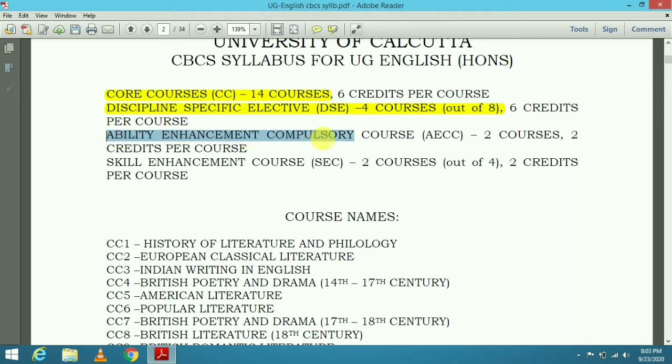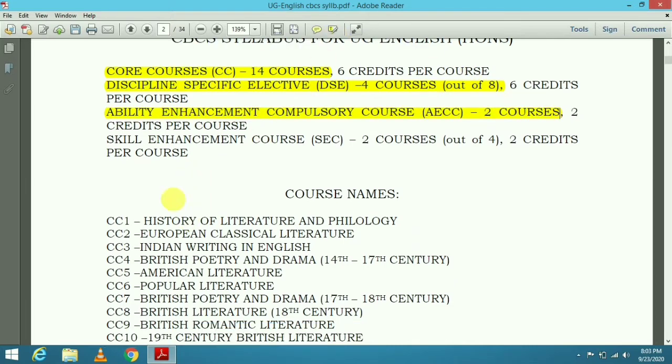Now after that you have ability enhancement compulsory course, which means AECC, and here you have only 2 courses. After that comes skill enhancement course, SEC, and here also you have 2 courses, but here you will be given 4 options. I mean, out of 4 courses you will have 2 courses.